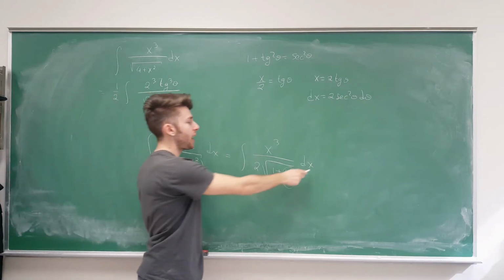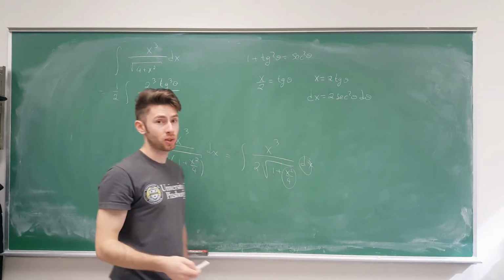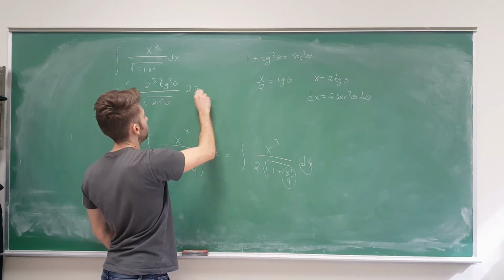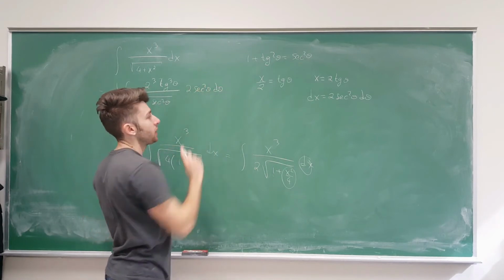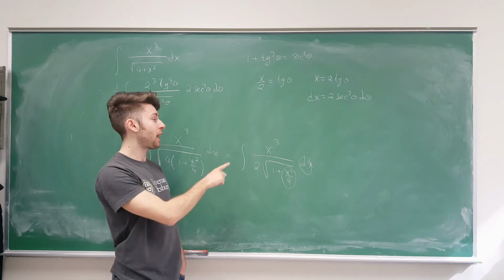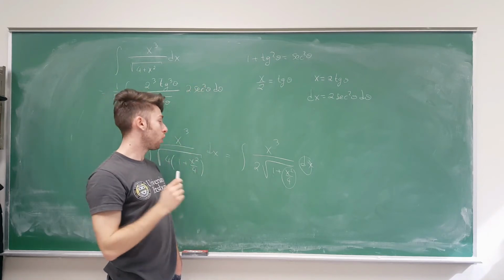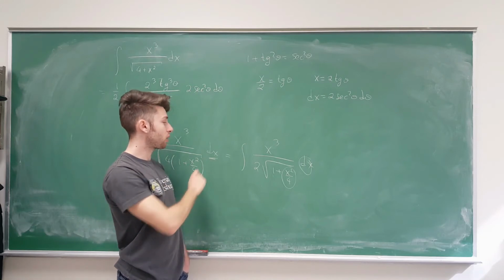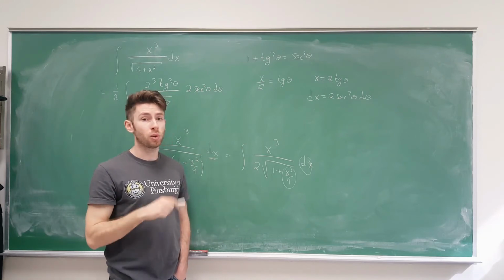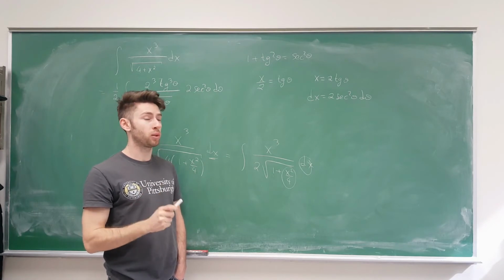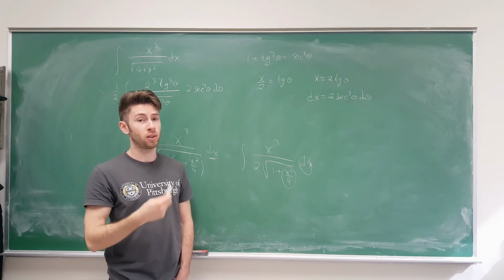And then the dx, which becomes 2 secant squared theta d theta. So you see that if you forget about that, then you don't have this part, and the integral is very different. So that's why it's important to always write this dx, du, dy, or d, whatever you're integrating with respect to, because otherwise you're going to forget it in your substitution.